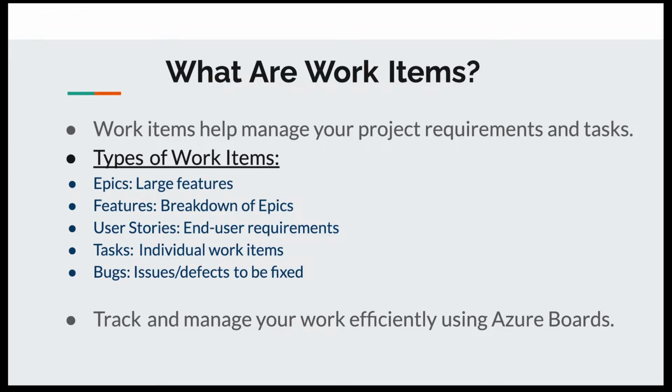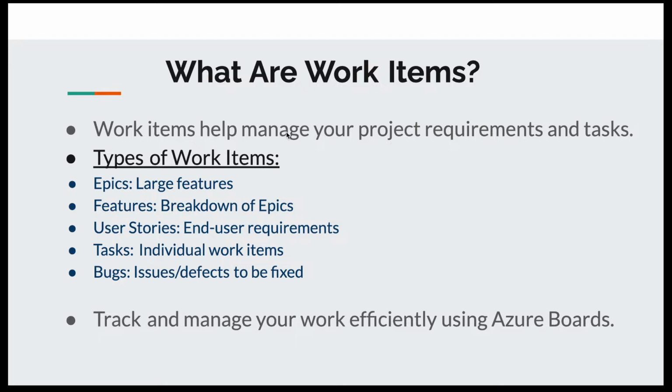Then we also have the task work item in our Azure DevOps. Tasks are individual pieces of work required to complete a user story. Then bugs. Bugs are defects that need to be addressed. By managing these items effectively, you can ensure your project is organized and that everyone is on the same page. So let's see the demo for managing work items in Azure DevOps.